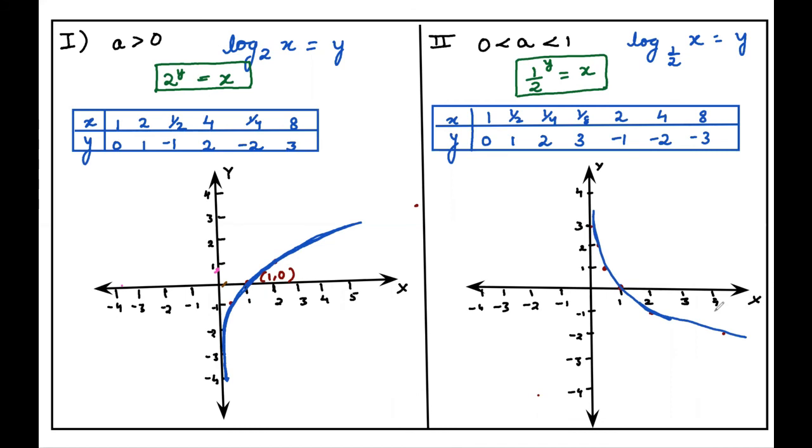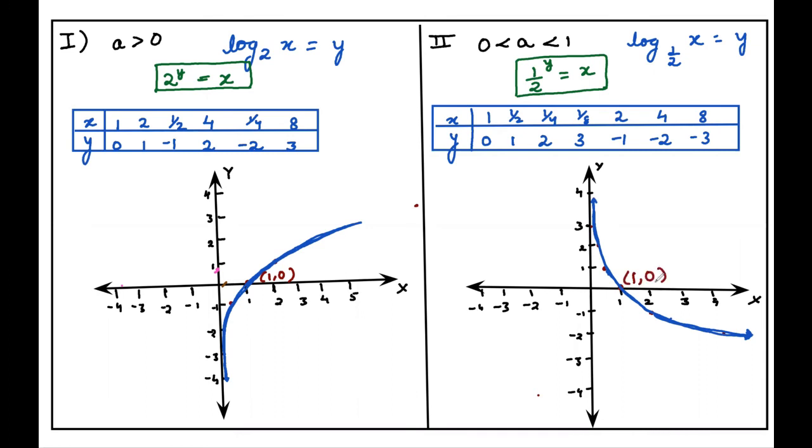So if you join these points, so this is the graph of logarithm function when a is lying between 0 and 1. तो अभी भी आप देख सकते हैं, it is passing through point 1, 0. Right?